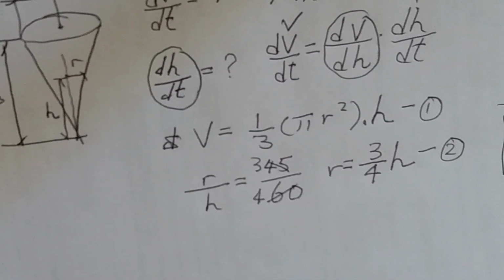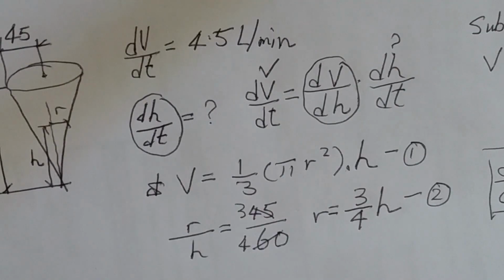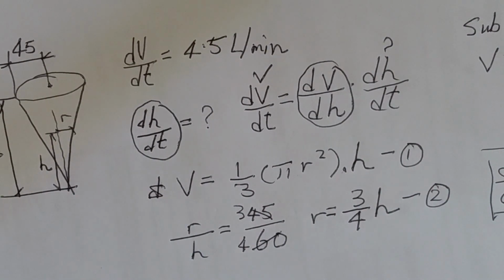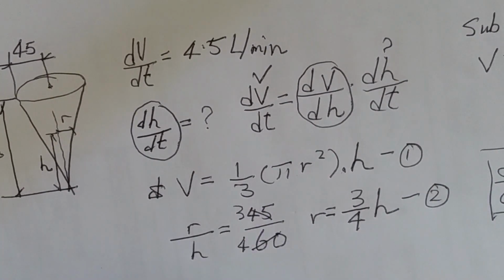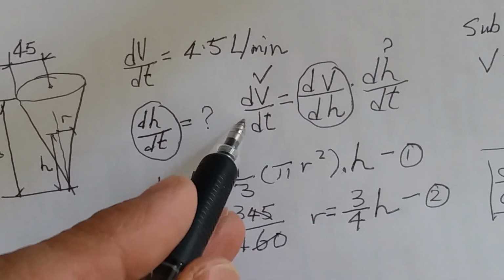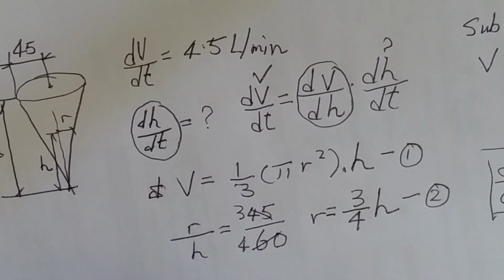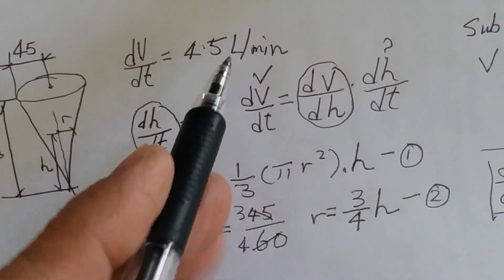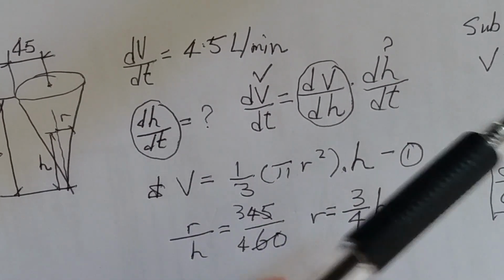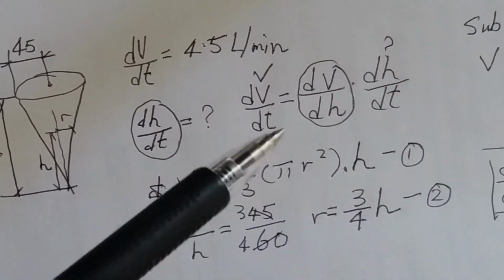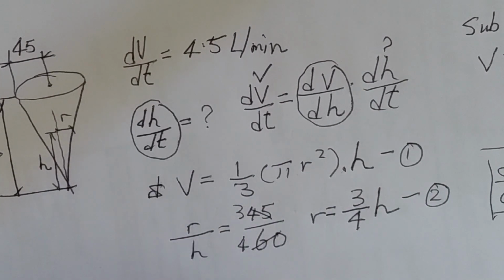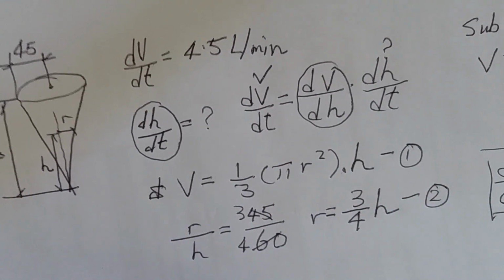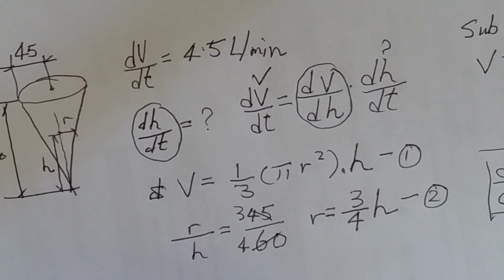So now I move back to what I started. So I have an equation over here. So I remember this equation. So I have 4.5. Remember, this is liters. So in order to have the same unit as the h or the r, now you have to multiply by 1,000.